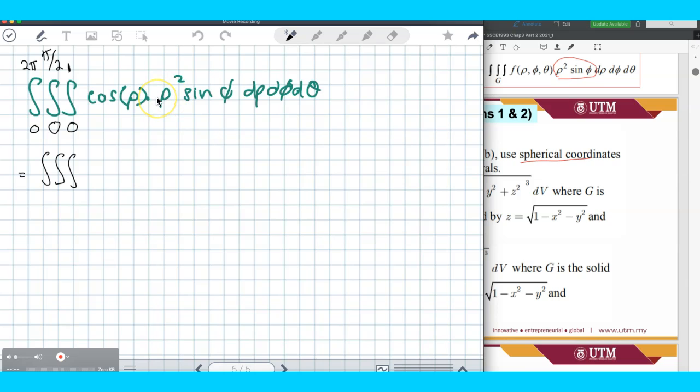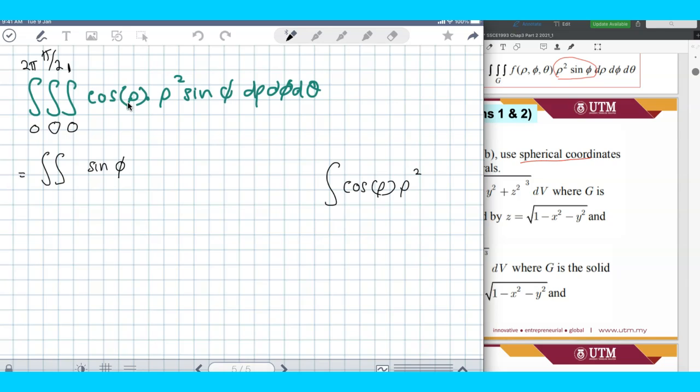You have to integrate rho first, which means that your sine phi is constant. So you have to integrate rho squared cos rho d rho, where rho is from 0 to 1.